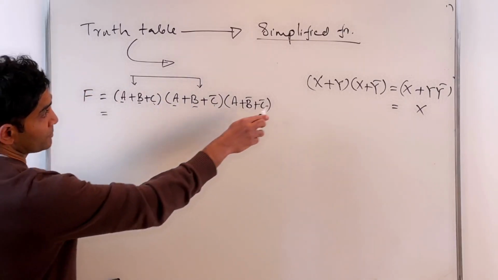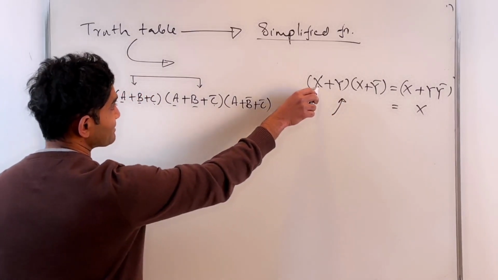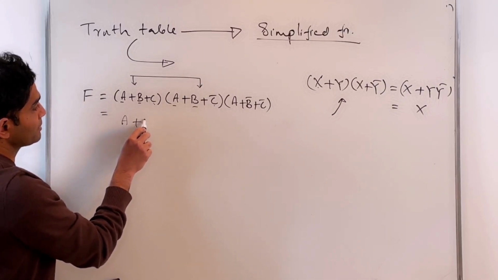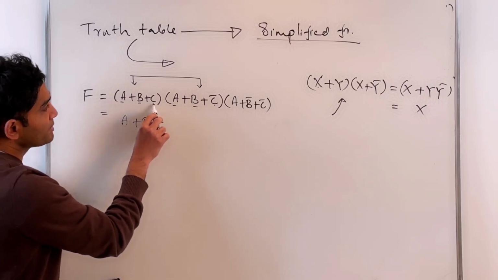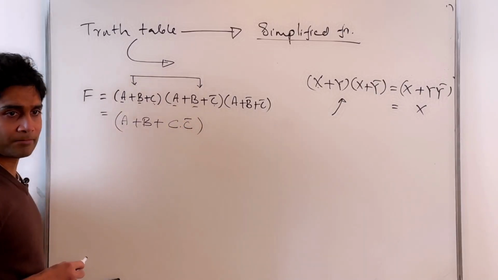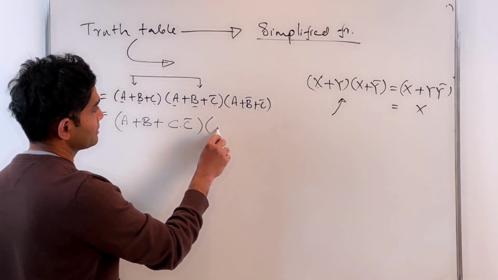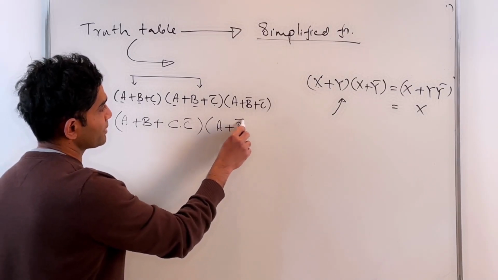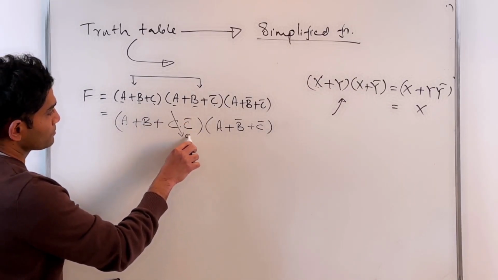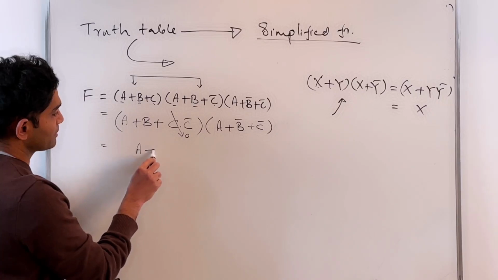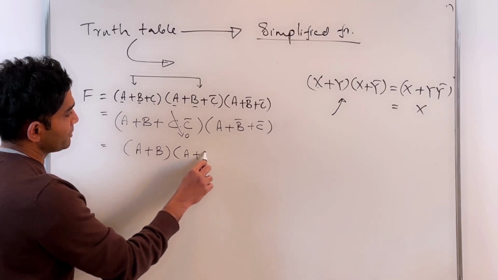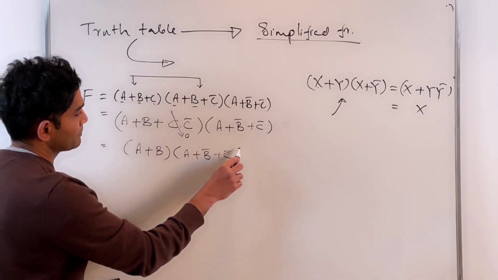So I can combine them using this identity, where my x in this case will be A plus B because they are not changing. I'll write this as A plus B plus C prime. Okay, and of course you still have that, which is A plus B prime plus C prime. Now C prime goes to 0, so I end up with A plus B and A plus B prime plus C prime.